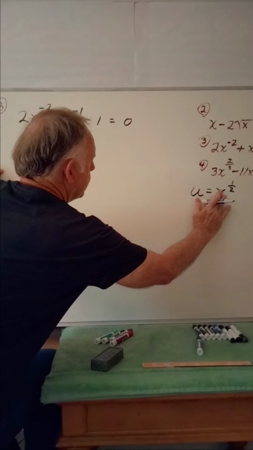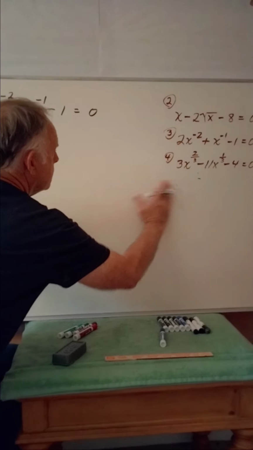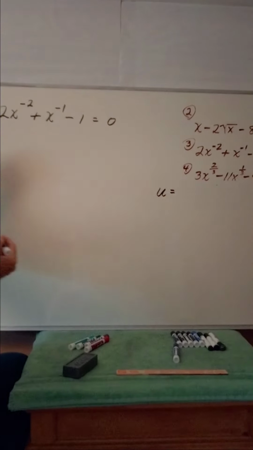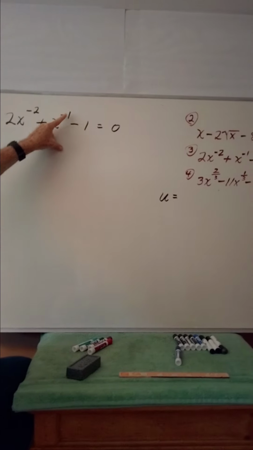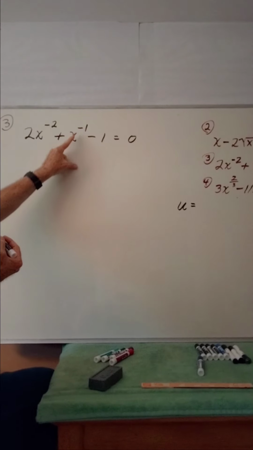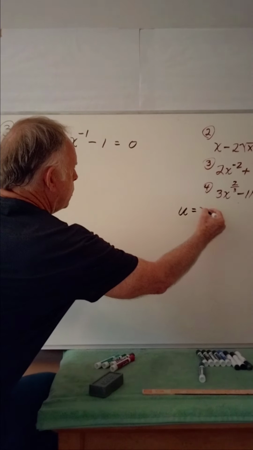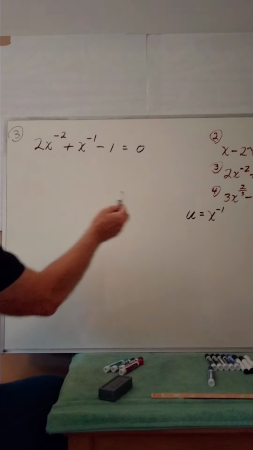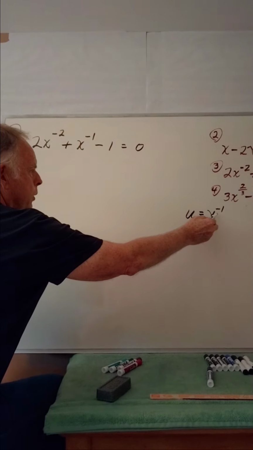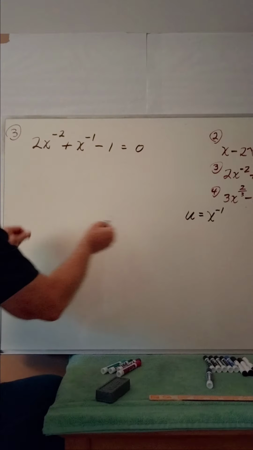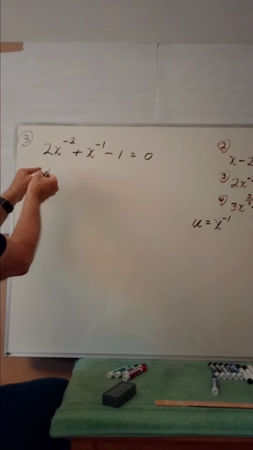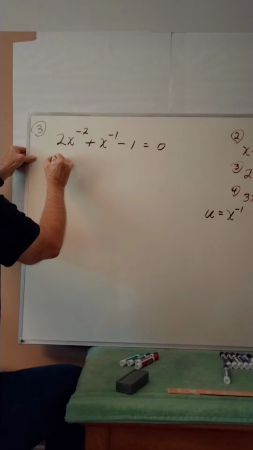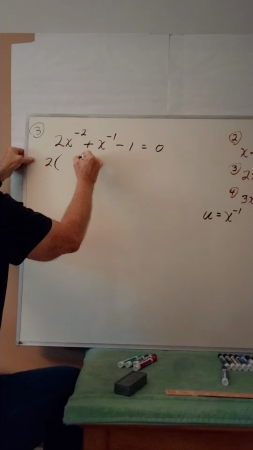We're going to come over here to the right-hand side, and we're going to let u be equal to the variable factor of the middle term. We'll let u be equal to x to the negative 1. We're going to bring over this x to the negative 1 and insert it in here so that we can begin our process. Bring down that coefficient of 2, make a house.